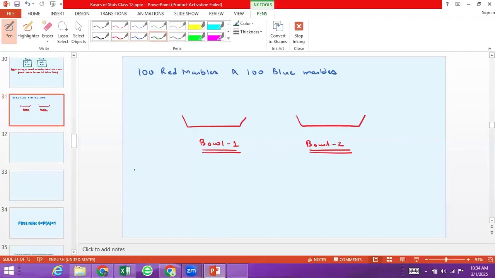Okay, I will write it down. Distribute the 200 marbles, right? We have 200 marbles, 100 red marbles, 100 blue marbles.